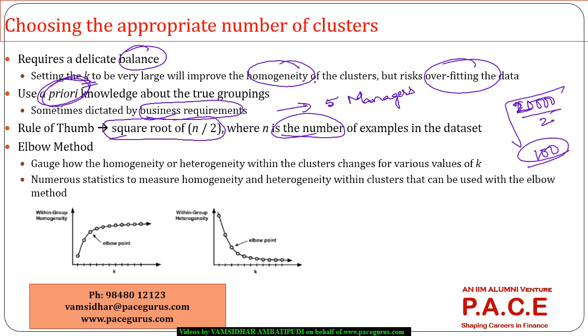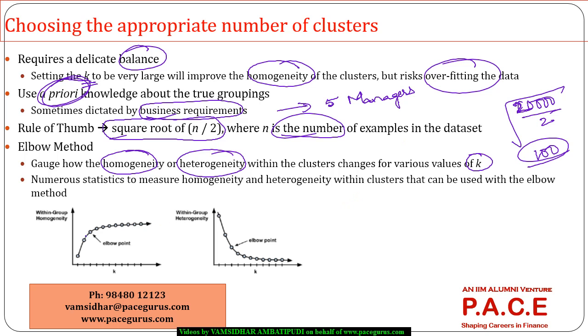Generally, we have something called the elbow method, which says to look at the homogeneity and heterogeneity within the clusters for different values of k.